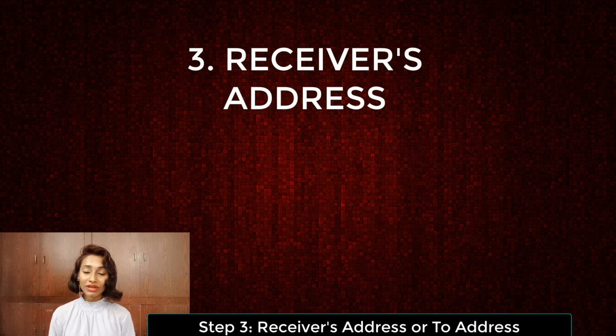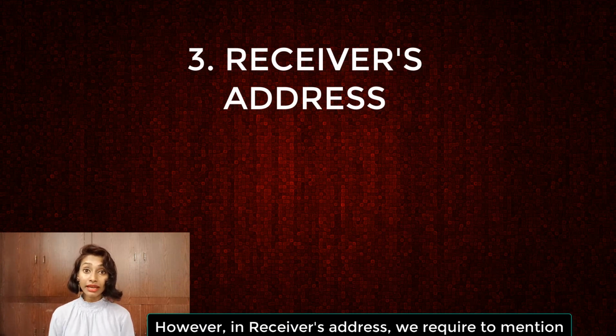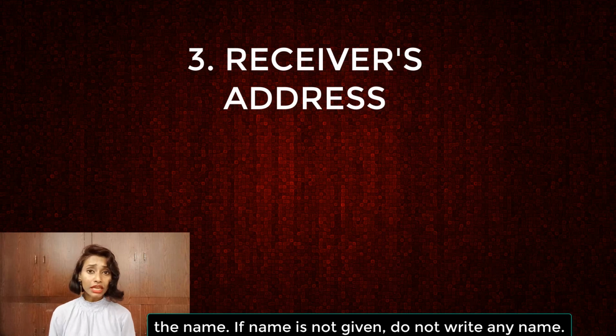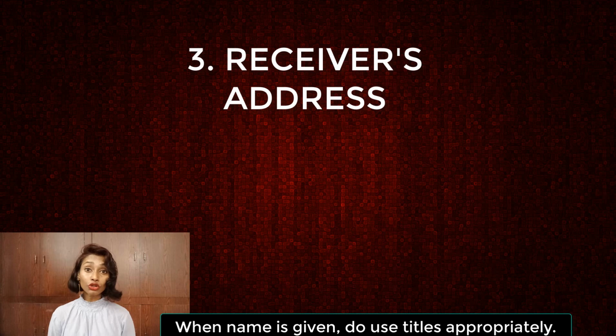Step 3. Receiver's address or to address. Just like from address, don't write to. It's not necessary. However, in receiver's address, we require to mention the name. If name is not given, do not write any name. Just mention their designation. When name is given, do use titles appropriately.